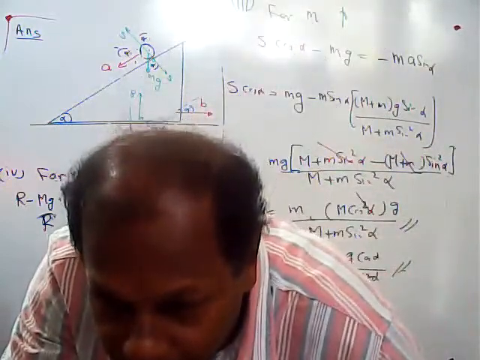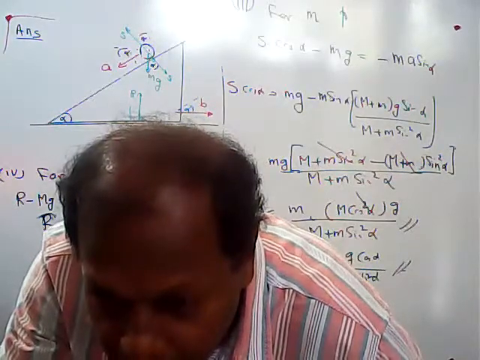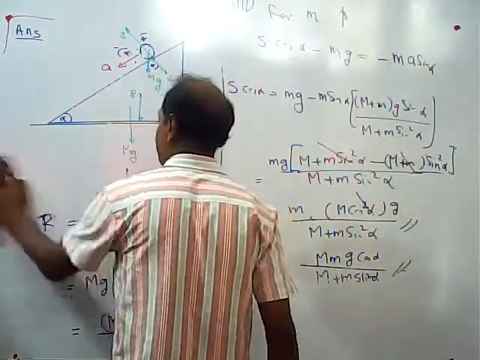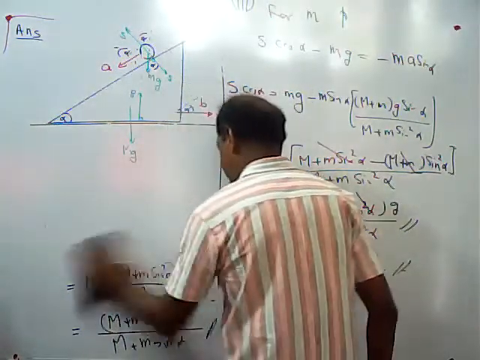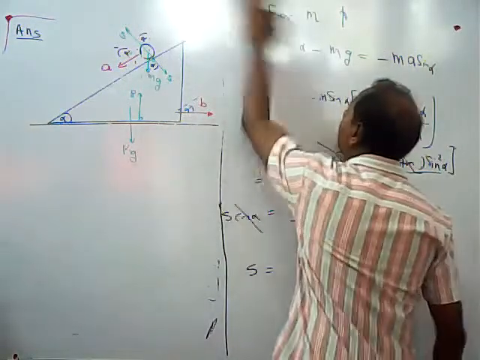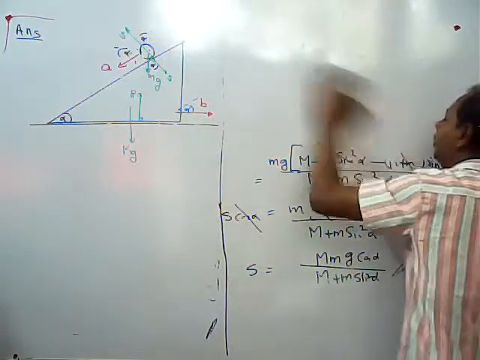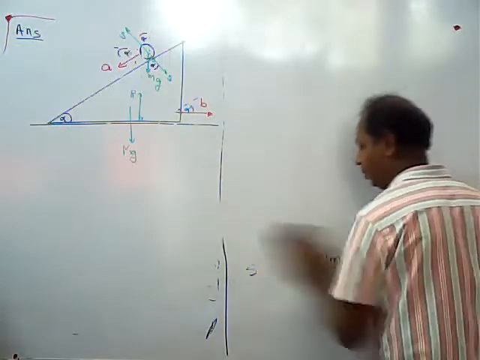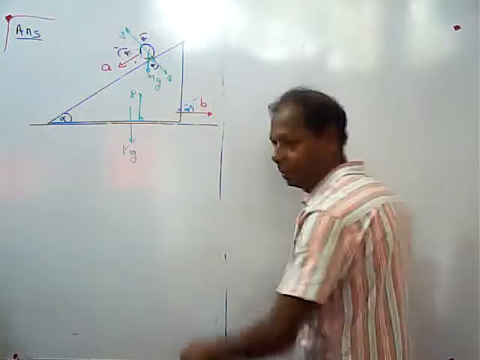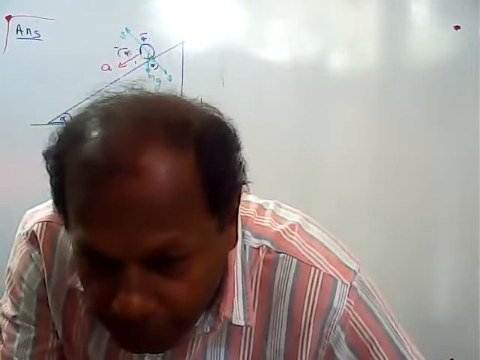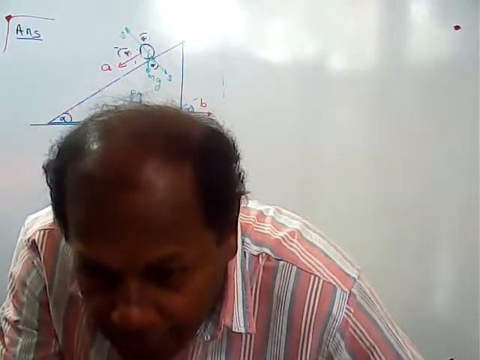Apply the main tool we use in number 5. Apply, yeah, s equals ut plus half at squared.